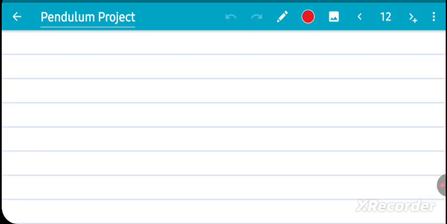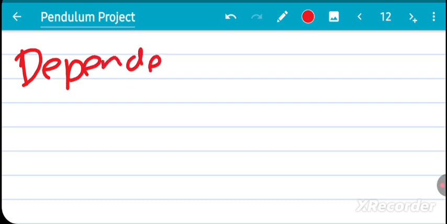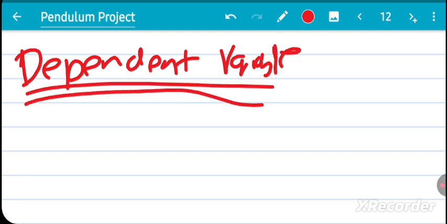Let's talk about the dependent variable now. This is what we are measuring.